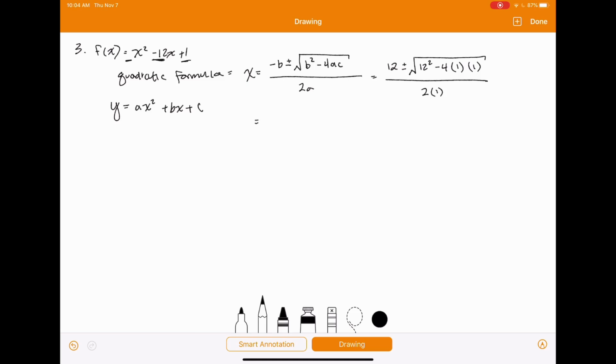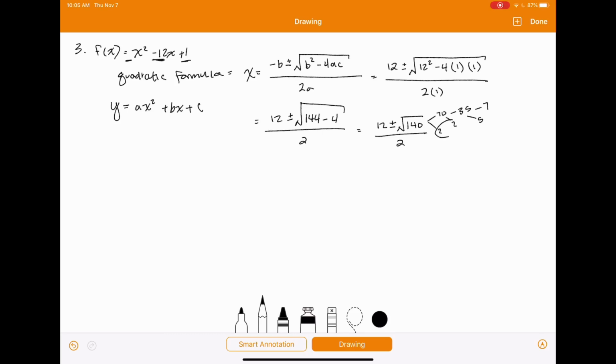All right, so we're going to have 12 plus or minus the square root of 144 minus 4 all over 2, which is going to equal 12 plus or minus the square root of 140 all over 2. And then we can factor 140, so that would be 2 and 70, 2 and 35, and 5 and 7.